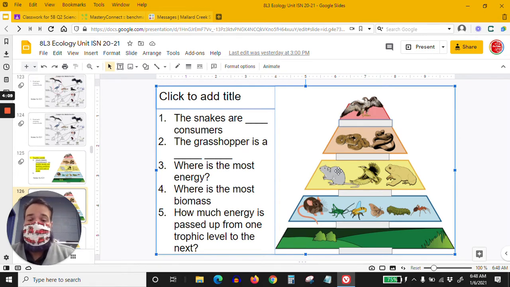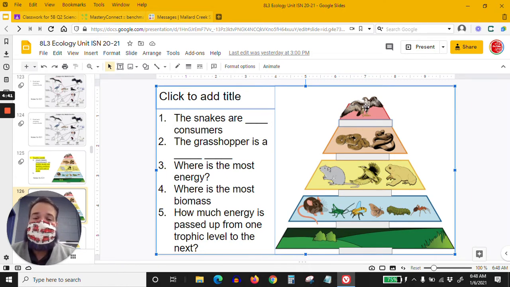The rat gets 10% of the grasshopper's 10% of the grass. And then the snake that eats the rat only gets 10% of the rat's 10%, of the grasshopper's 10% of the grass. And if there's a quaternary, it only gets 10% of the snake's 10%, of the rat's 10%, of the grasshopper's 10%, of the grass's energy.